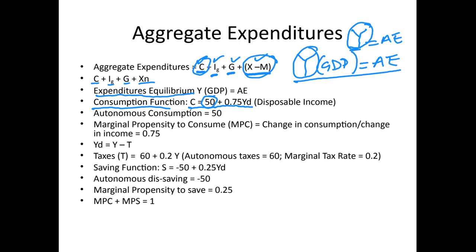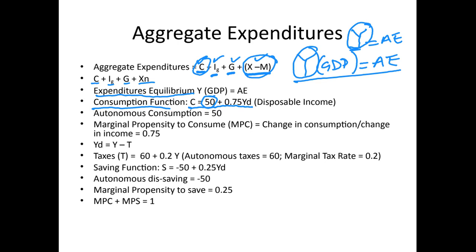Even if your income is zero, you are still going to consume on basic needs. For example, you need to eat something, so you have to spend on food, on basic necessities, even if your income is zero. Then how are you going to afford it? Of course, you can borrow money or you can use your savings. Even if you are not working and your income is zero, you can use your savings and make those purchases that are absolutely necessary.